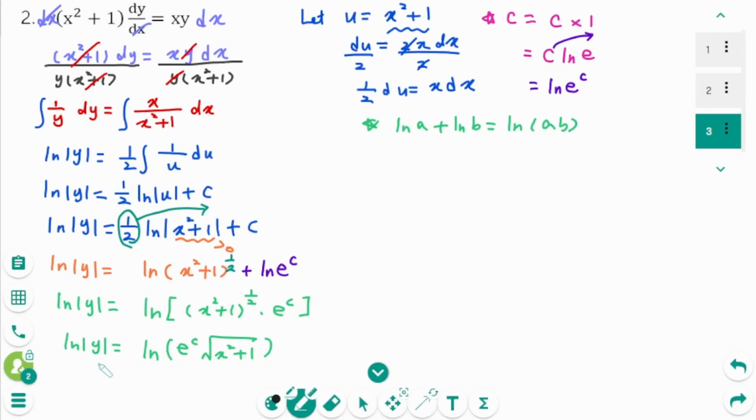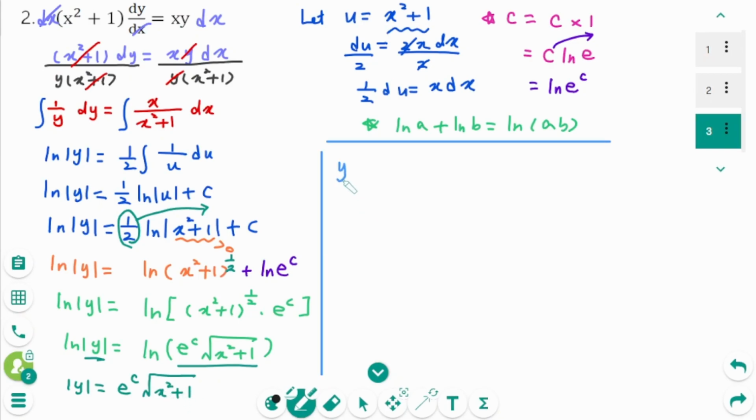This means these arguments are the same. Then absolute value of y equals e to the power of c square root of x squared plus 1. Then y equals plus minus e to the power of c square root of x squared plus 1, where plus minus e to the power of c is a. The final answer is a square root of x squared plus 1.